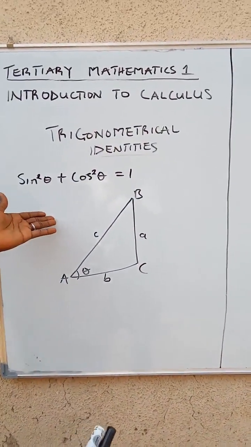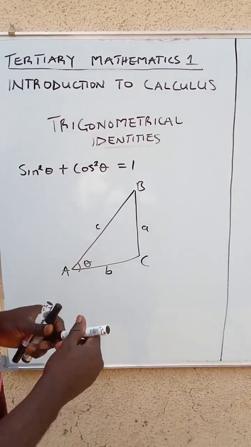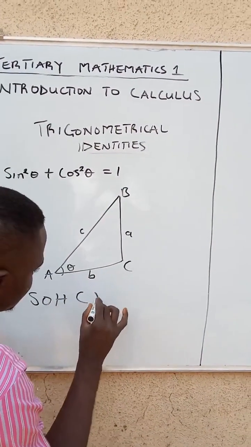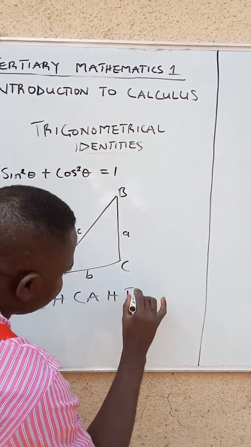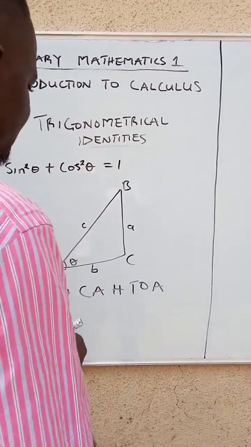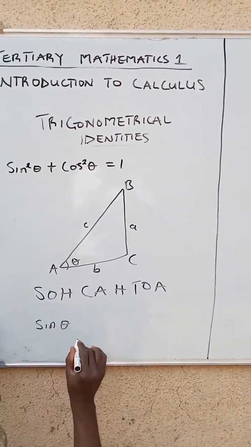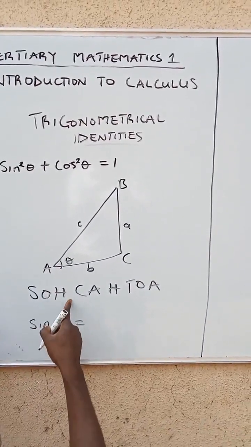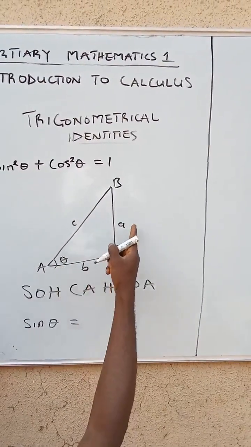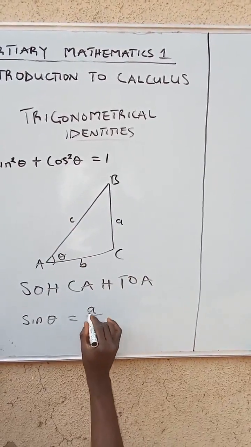In our secondary school, there's what we call SOH CAH TOA. You may have forgotten about it, but let me bring it back. My sin theta will now be equal to opposite over the hypotenuse. This is the hypotenuse, this is the opposite over the hypotenuse. I have A over C.